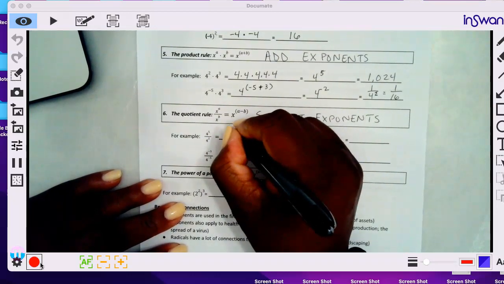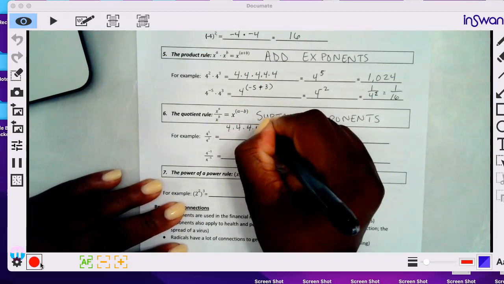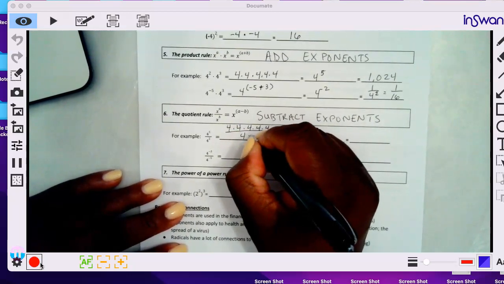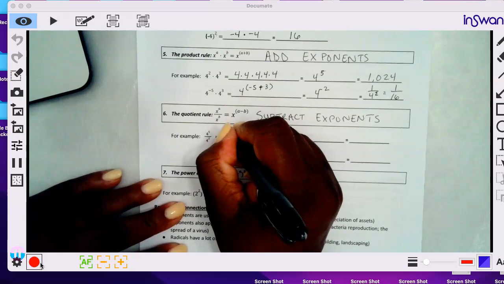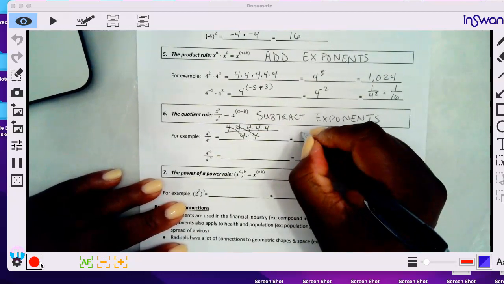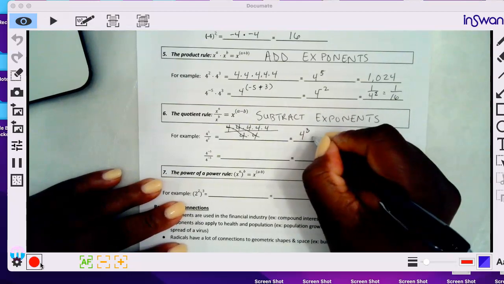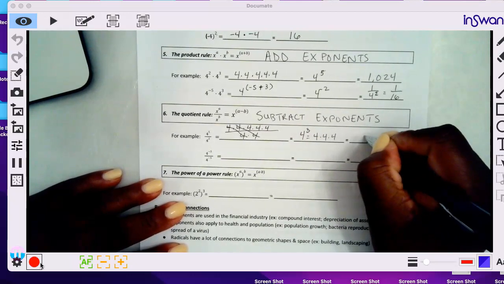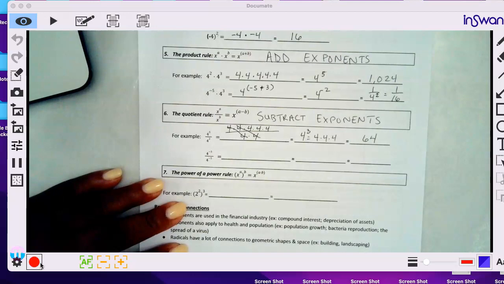So you have 4 times 4 times 4 times 4 times 4 over 4 times 4. So you can cross out what you have duplicates of. That leaves you with 4 to the 3rd power, which is 4 times 4 times 4, which gives you 64.